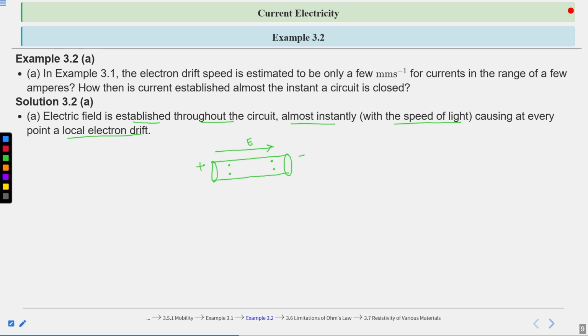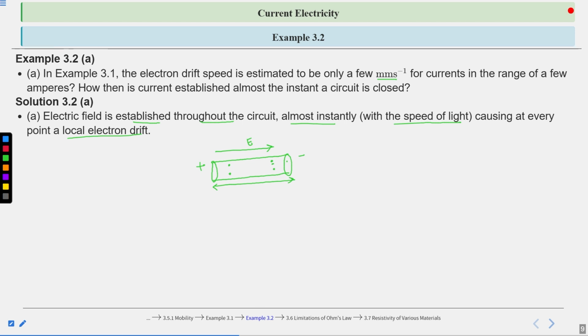Now, the electron will take time. The electron at that end, at negative potential, will drift with the speed of 1.1 millimeter per second. So to cover the whole distance of the conductor, it will take so much time.